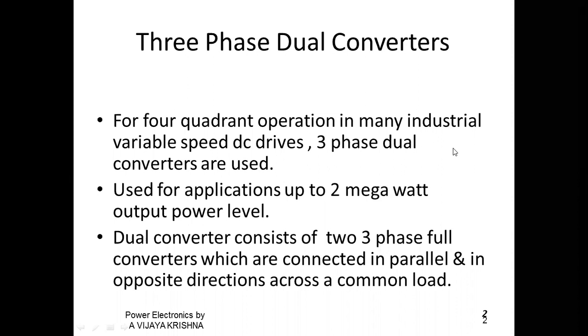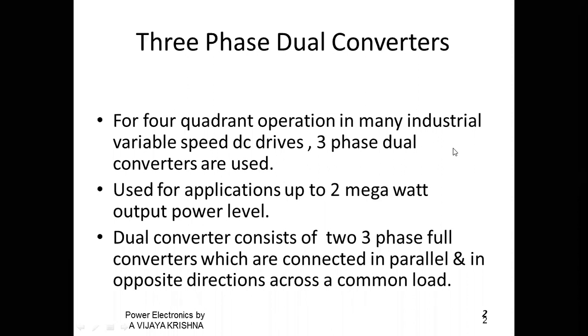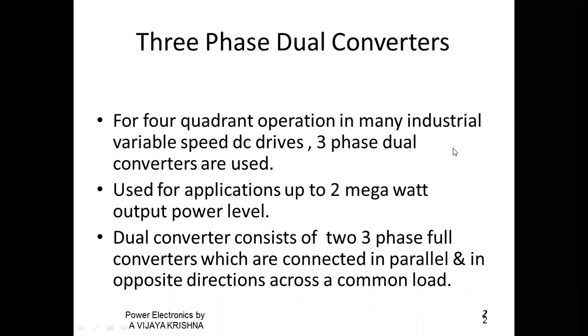two sides of operation can be done. Suppose the motor is operating in a clockwise direction. If you go to any industry, if you observe the product manufacturing units, some of them also require counterclockwise, anti-clockwise direction.